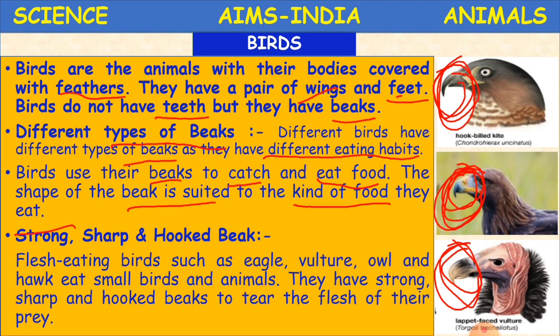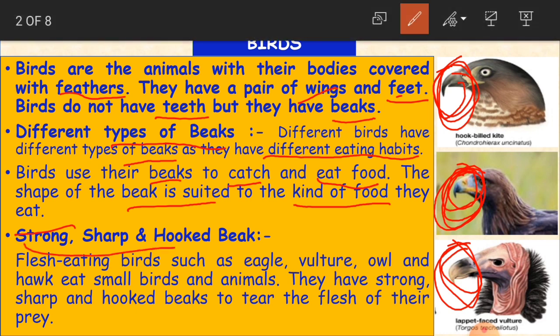So who has this strong, sharp and hooked beak? Hooked beak means it has a small bend at the edge like this. These are like wild animals. Flesh-eating birds such as eagle, vulture, owl and hawk eat small birds and also animals.